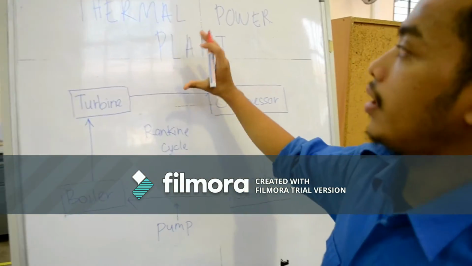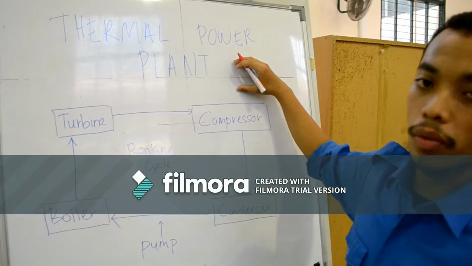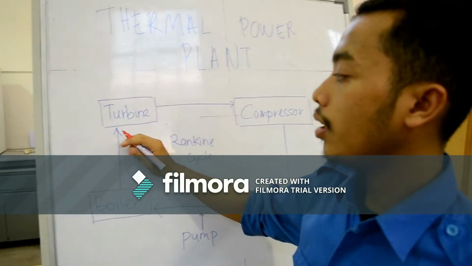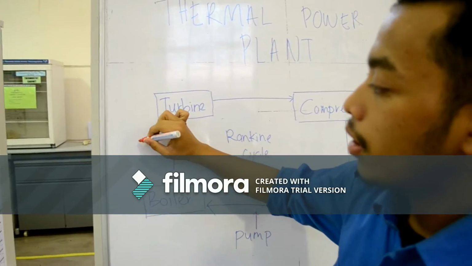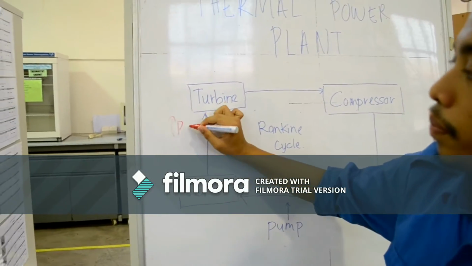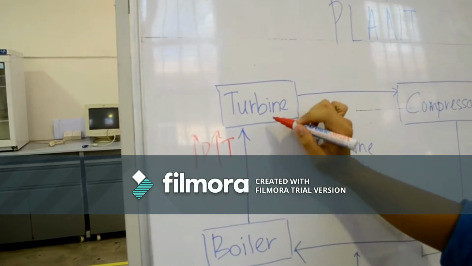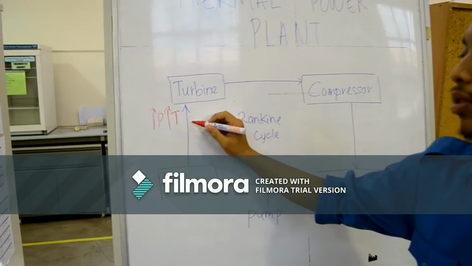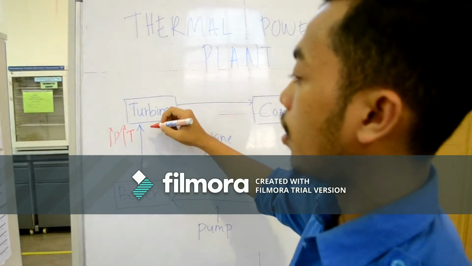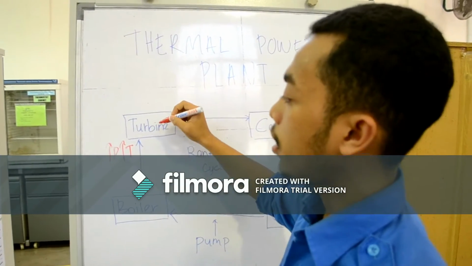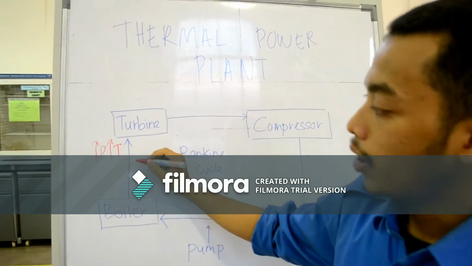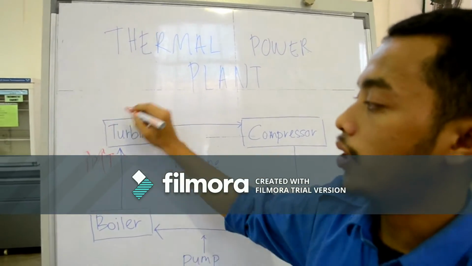In this process of the thermal power plant, at the inlet of the turbine the pressure and the temperature must be increased. When the inlet steam or hot gas enters, it will be dispersed inside the turbine.